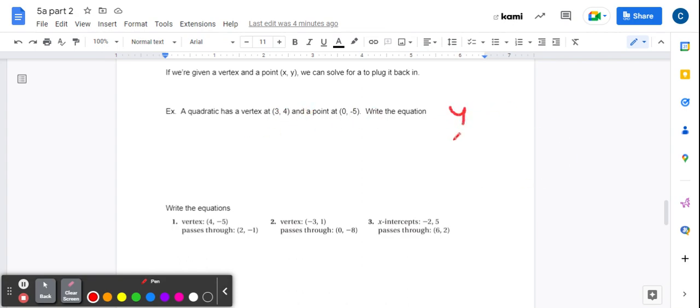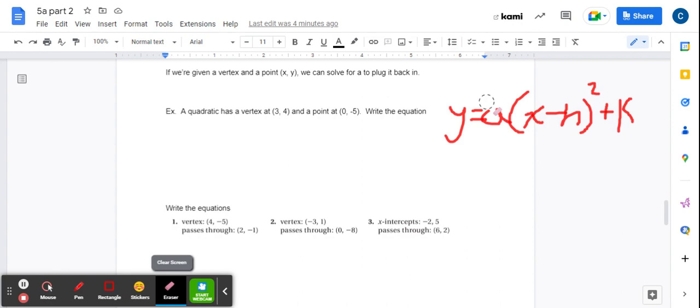Again, vertex form: y equals a times (x minus h) squared plus k.